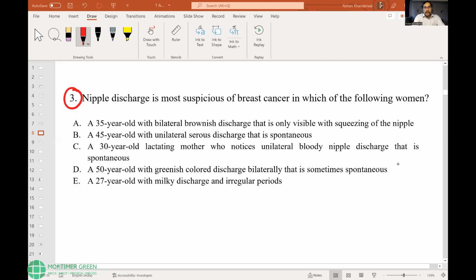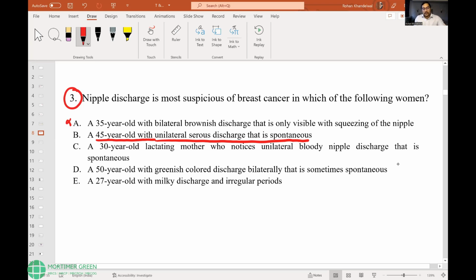So we always tell patients that it is spontaneous discharge which we are more worried about, right? If discharge is coming on its own, or the history which they give is that when they wake up in the morning, their undergarment or their nightgown has a stain on it. Those are the discharges which are more concerning for us, not the ones which one can express after squeezing. Okay. So this is not that significant. A 45-year-old with unilateral serous discharge that is spontaneous. We'll come back to this.